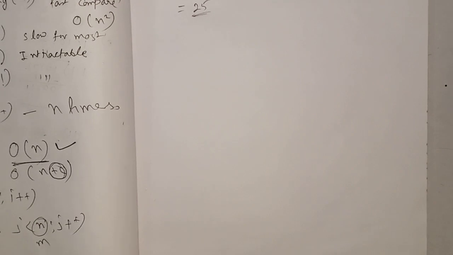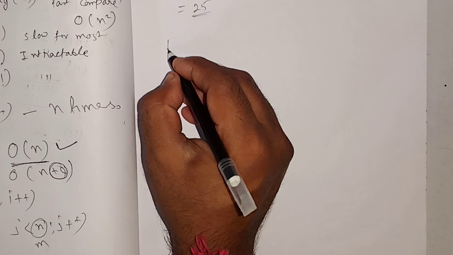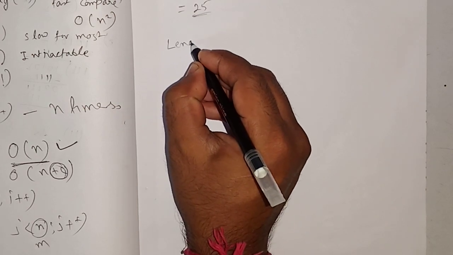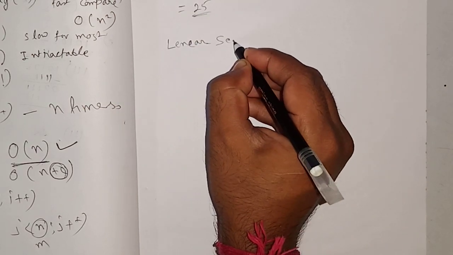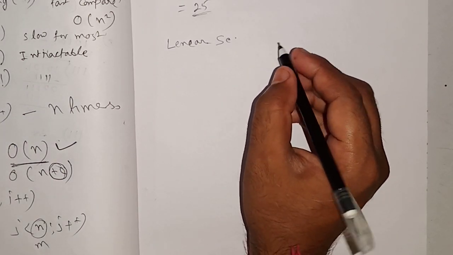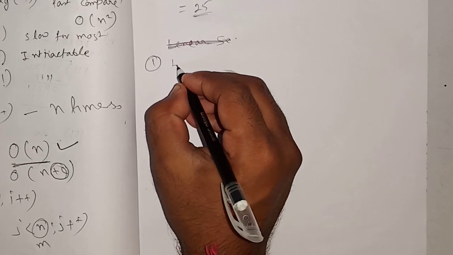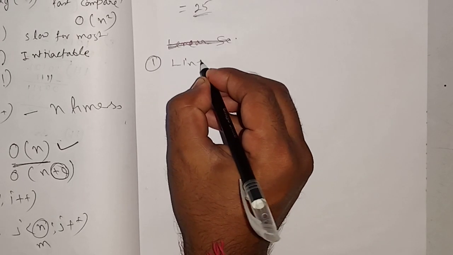Okay, another thing is present. We know in Java there are several programs present. For example, I'm writing one by one. First, linear search.